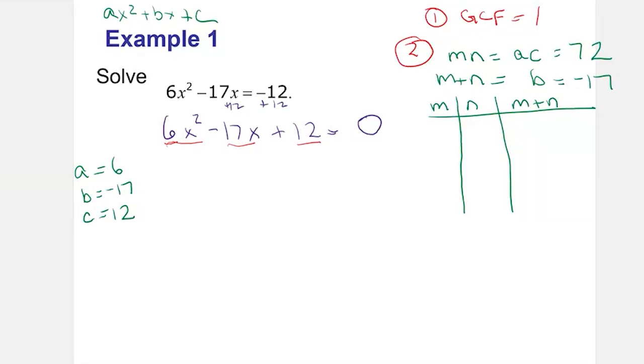But there's an infinite number of numbers that add together to give me minus 17, right? 0 and minus 17, 1 and minus 18, 2 and minus 19, and I could go on forever. So we're going to do the multiplication part first.